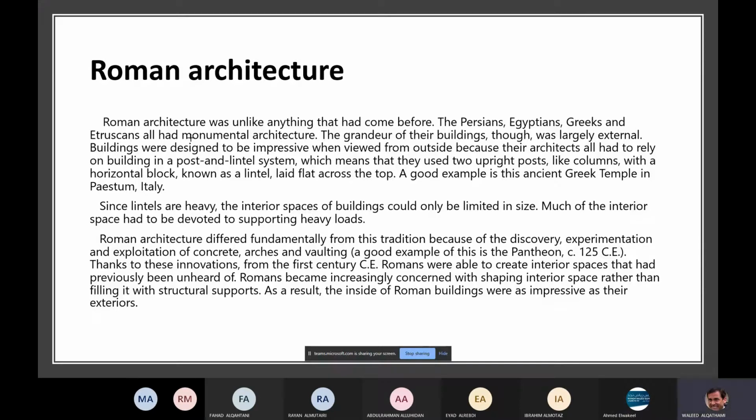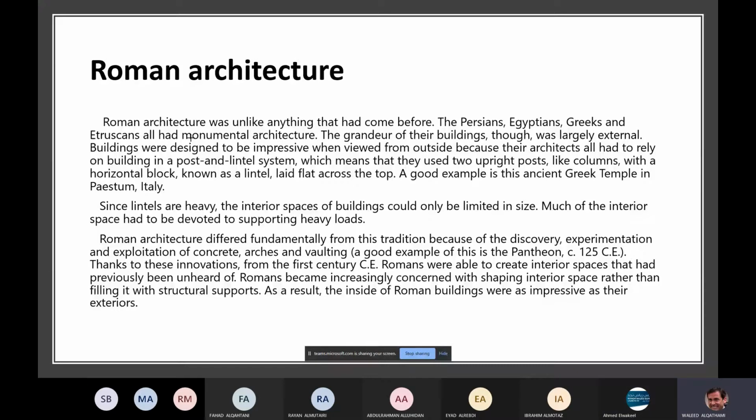Roman architecture differed fundamentally from this tradition because of the discovery, experimentation, and exploitation of concrete. Arches and vaulting, a good example of this, are in the Pantheon, c. 125 CE.